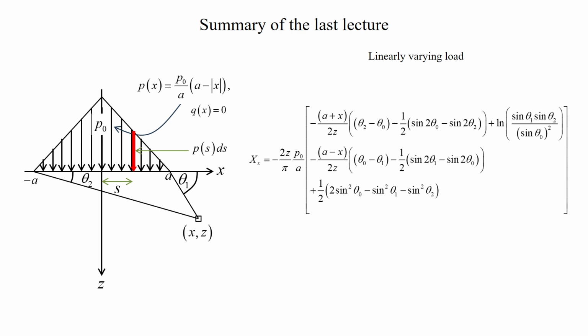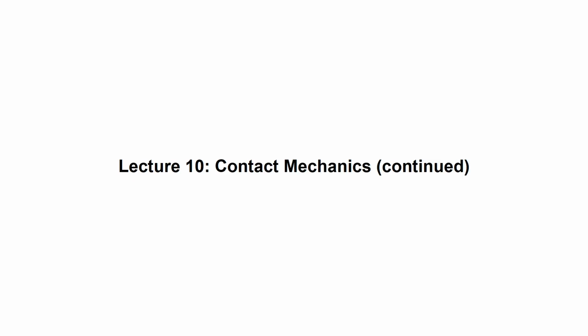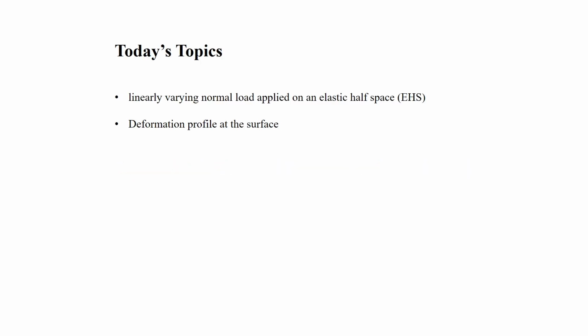And we estimated that at a point x z, the normal component of the stress sigma x x can be written as something like this, where theta 1 is this angle defined over here, theta 2 is the angle x z, and theta 0 is this angle x theta 0 over here, from this middle point to this particular point. Remember, this is a symmetric distribution from minus a to a.